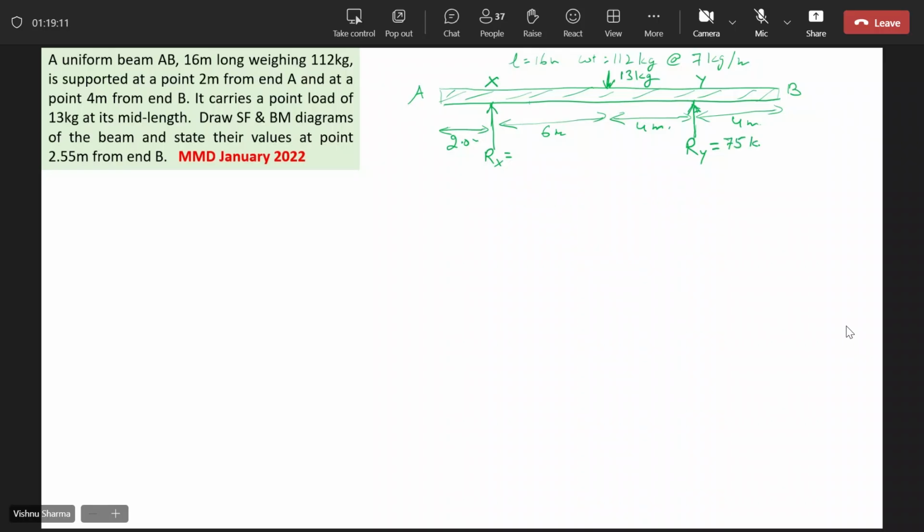I'm waiting now. Don't worry, I'm not rushing. So anybody who has not calculated, please calculate. If you're not getting the values, let me know. The second step is to get the reactions. I give you 30 to 40 seconds to get the reactions.